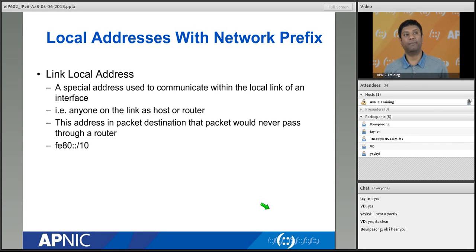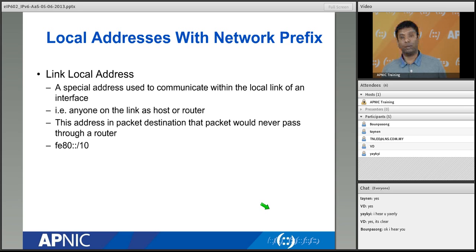Every IPv6 supported host will build a link local address, and that starts with FE80, right? So if you just switch on your computer and connect to the network, your machine will have a link local address.